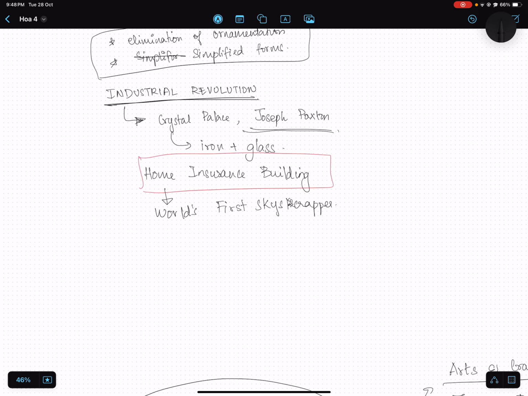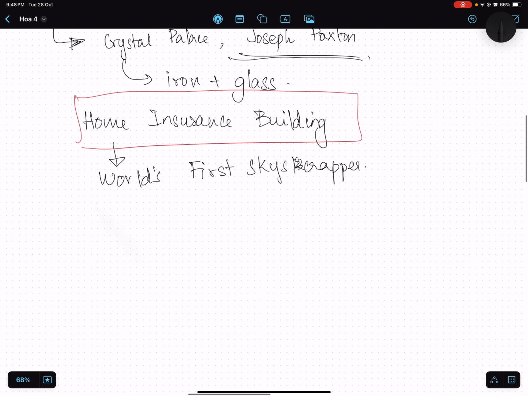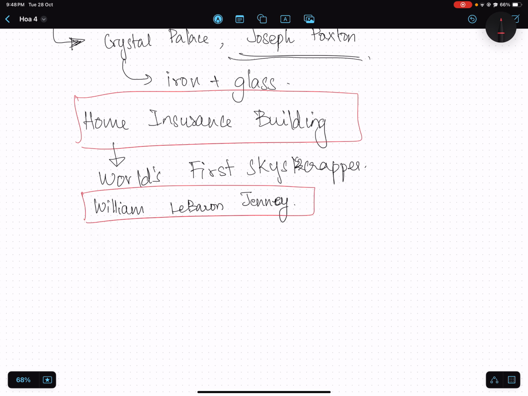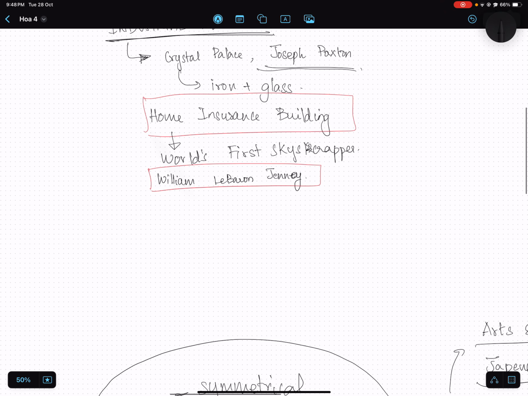World's first skyscraper, designed by William Le Baron Jenney. And this was what influenced our Chicago School of Architecture.